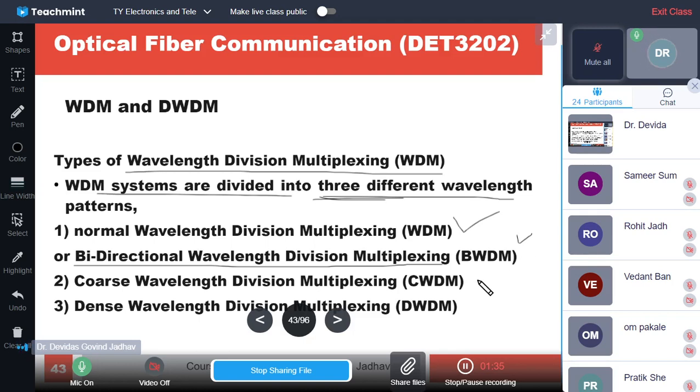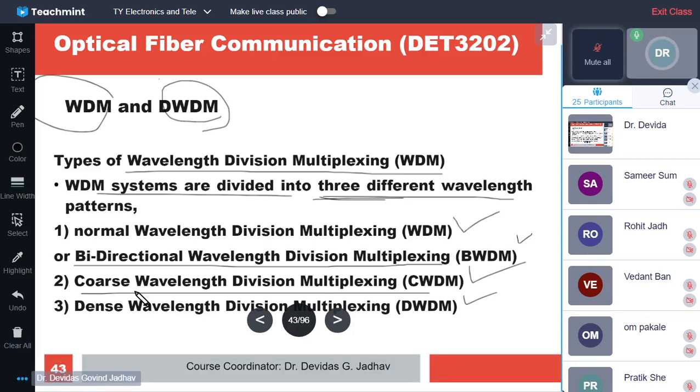Then there is coarse wavelength division multiplexing, and also dense wavelength division multiplexing, that is DWDM. So WDM is there and DWDM is there. So these are the types: normal WDM or BWDM, then coarse WDM, and then dense WDM.